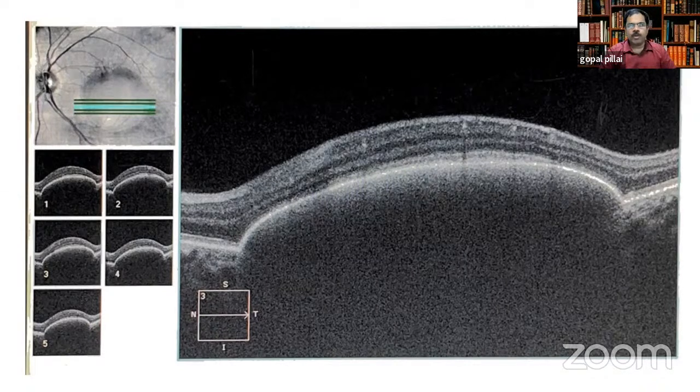So there's a large pigment epithelial detachment with thicker RPE there and some thicker subretinal fluid, turbid fluid. Yes. So again, in isolation, we will not be able to make a diagnosis properly. Probably you will require fluorescein angiography. Next.